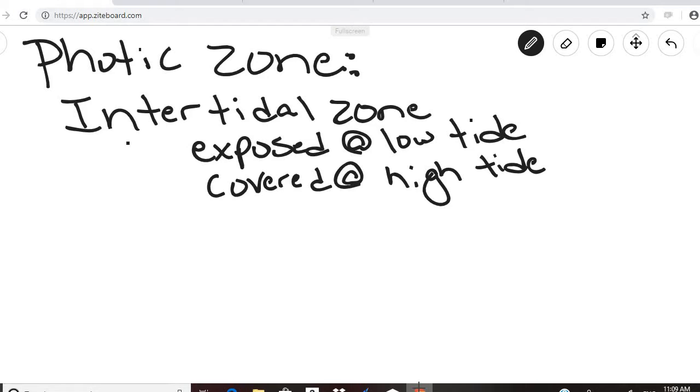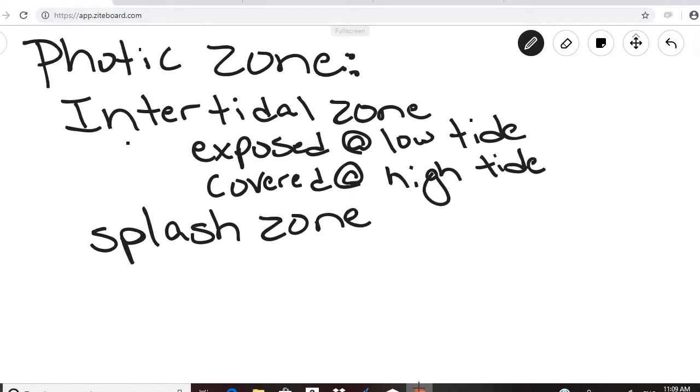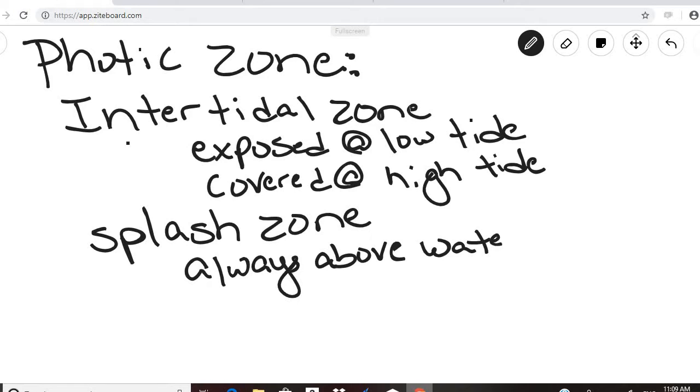And then also in the photic zone would be the splash zone. And the splash zone is always above water. However, it gets sprayed, so it gets splashed. But it does get a salt spray, let's say that.